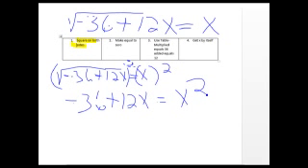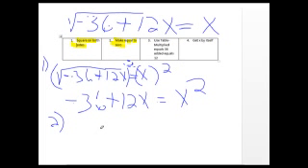Okay, next thing we want to do is make it equal to 0. So we need to move all this over to one side and make it equal to 0. I think I need to explain something here to make it easier.